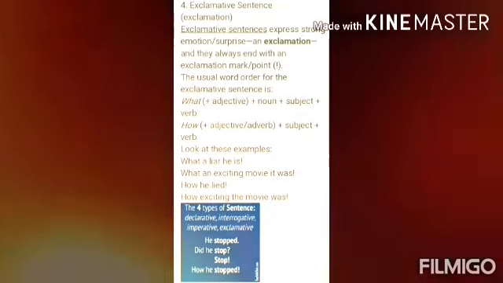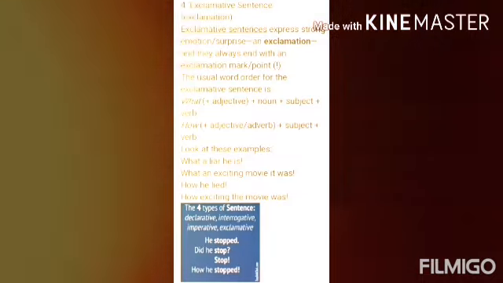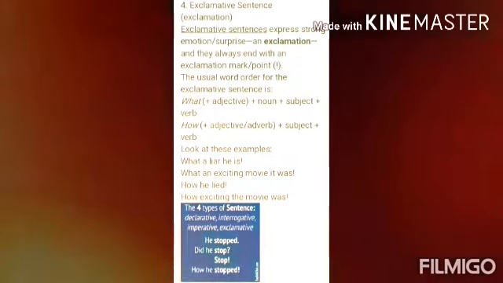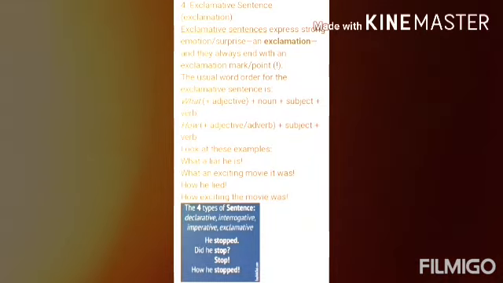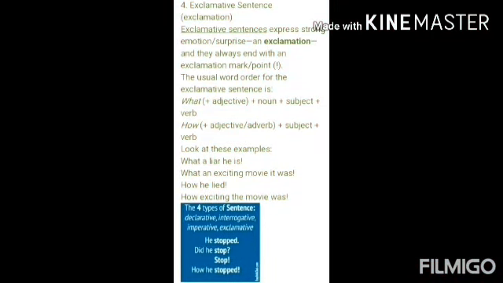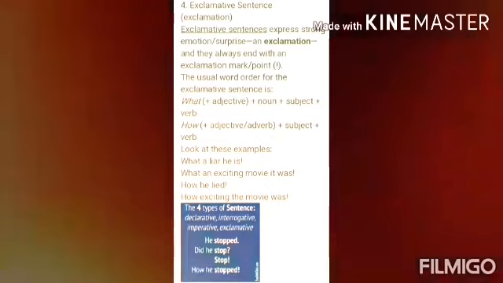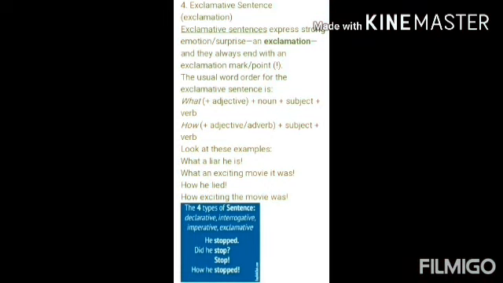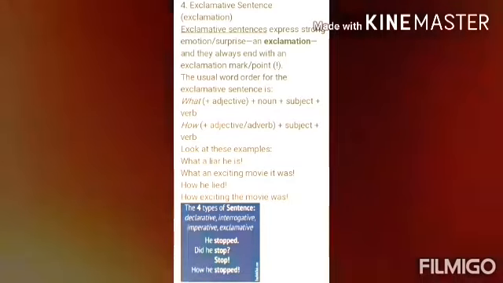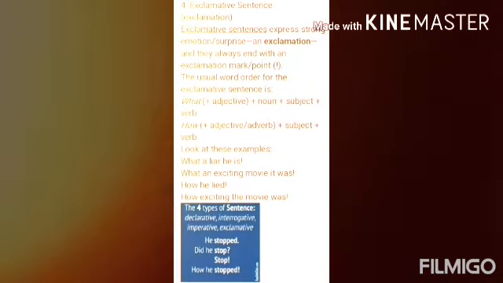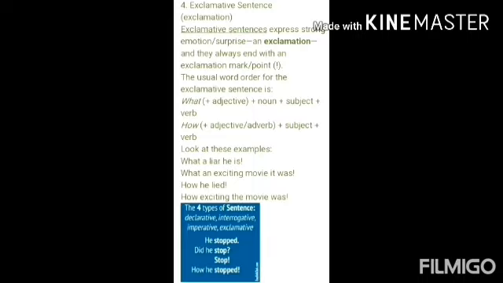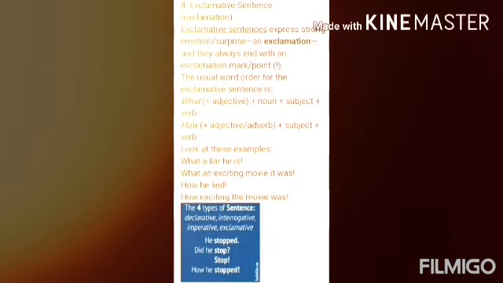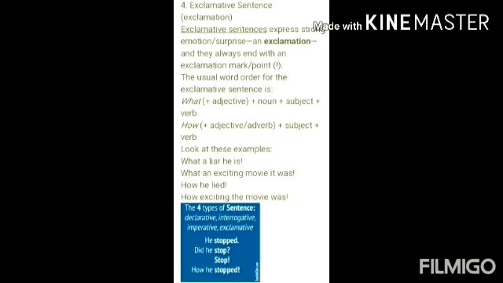Look at the examples. We can use what plus adjective plus noun plus subject plus verb, and you can also use how plus adjective or adverb plus subject plus verb. What a liar he is. In this sentence you get surprise.